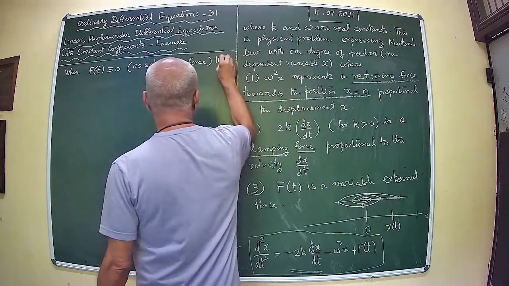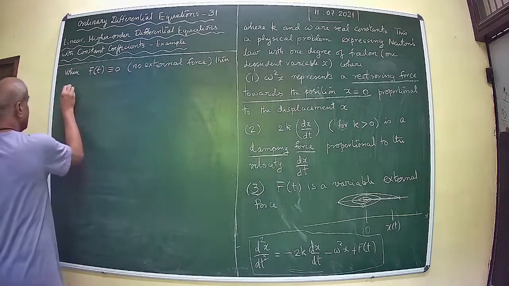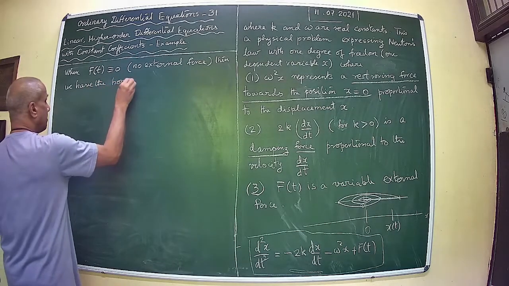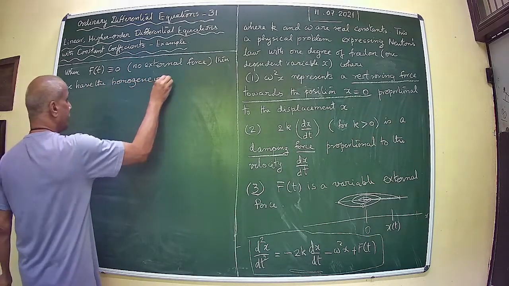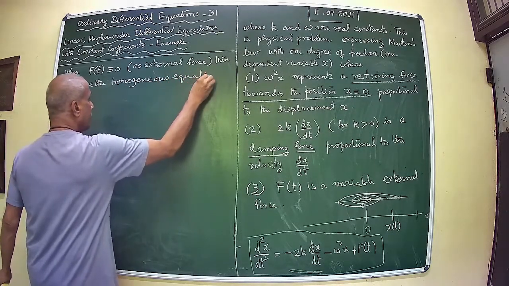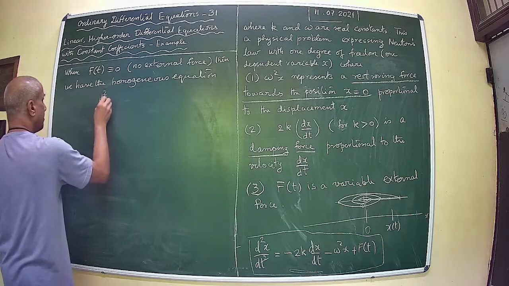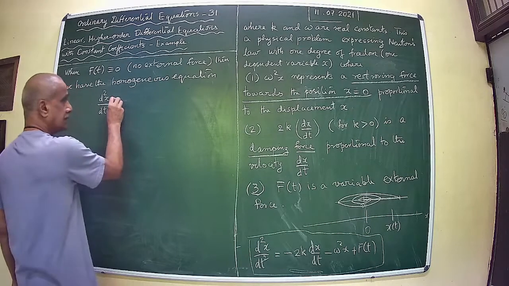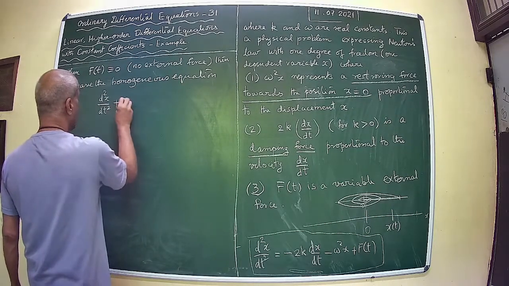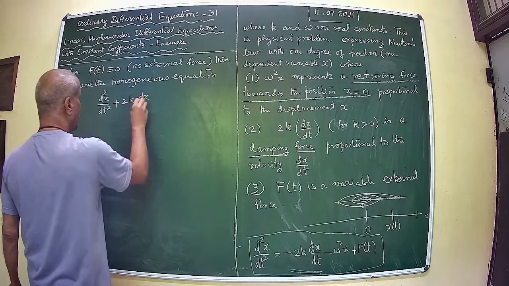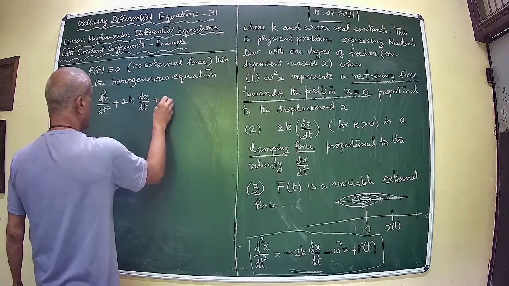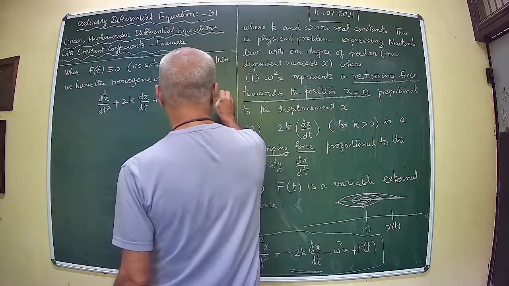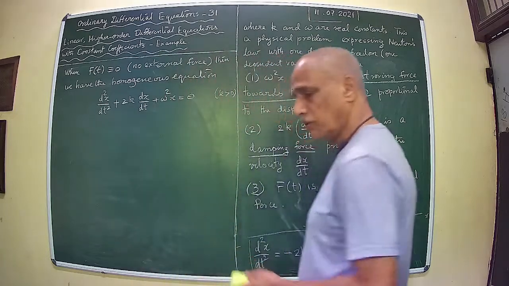Then we have the homogeneous equation. We are assuming k positive.